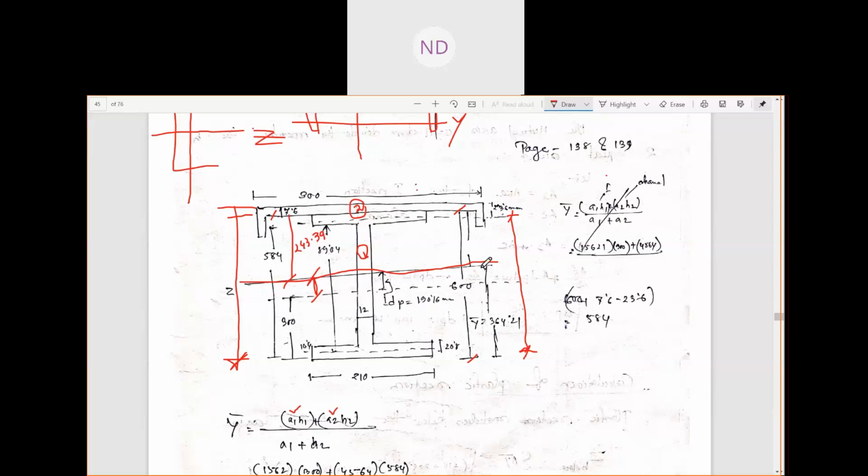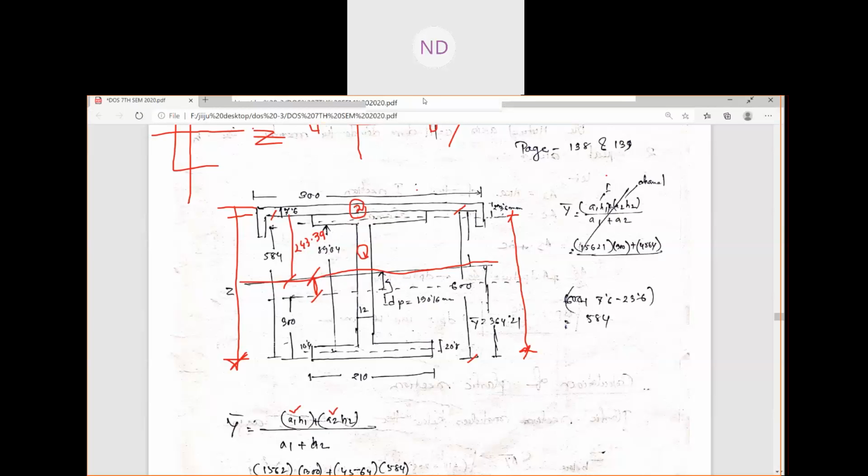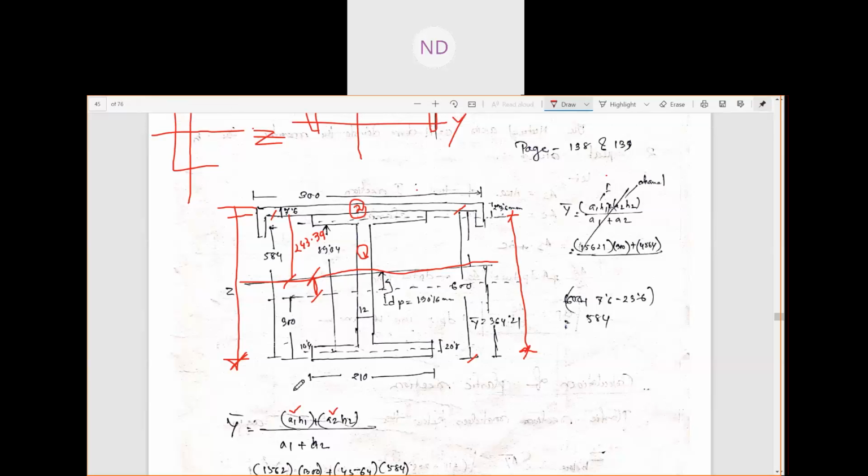Okay, so now when we have to calculate the distance, okay, so what we were doing, yeah. So here you see now what will be this.